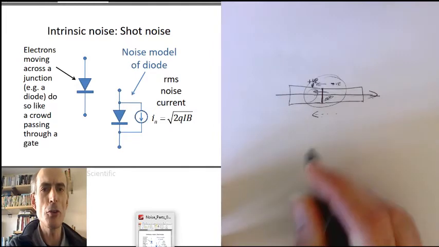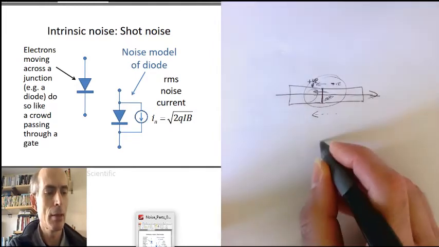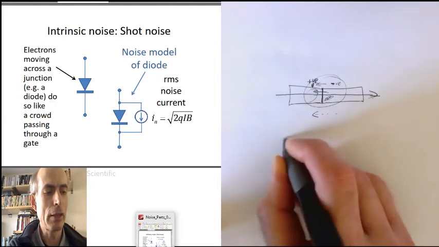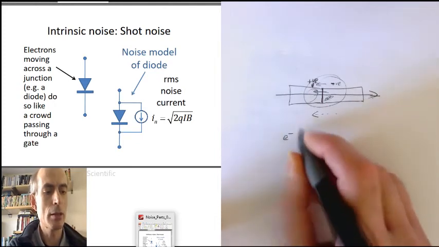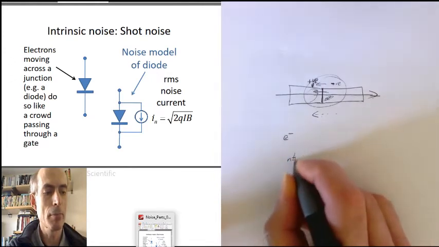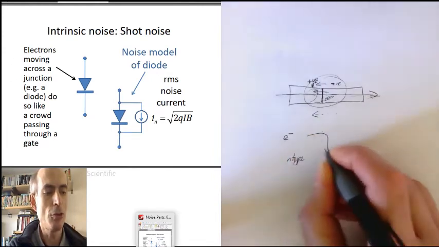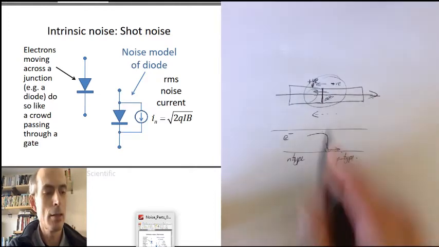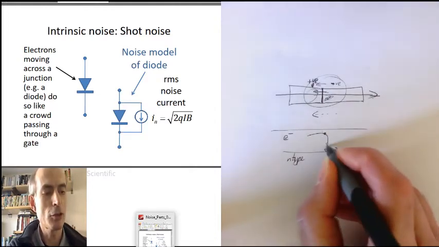But when you've got a diode, then what we've got is a set of electrons moving from the conduction band of the N-type material down into the valence band of the P-type material. They're effectively jumping across a cliff.